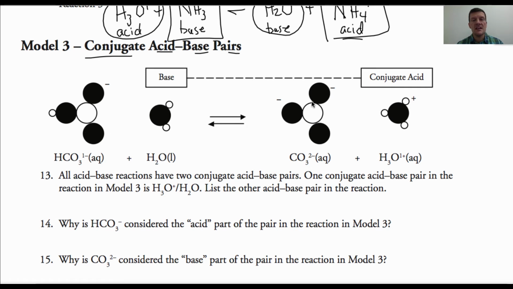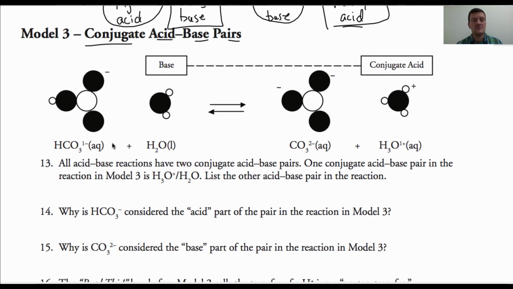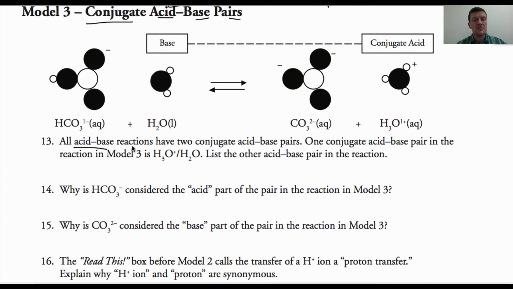So you're going to see as this reaction occurs that the base turns into an acid for the reverse reaction, and the acid is going to turn into a base for the reverse reaction. All acid-base reactions have two conjugate acid-base pairs. One conjugate acid-base pair in the reaction in Model 3 is the hydronium and water. List the other acid-base pair in the reaction.